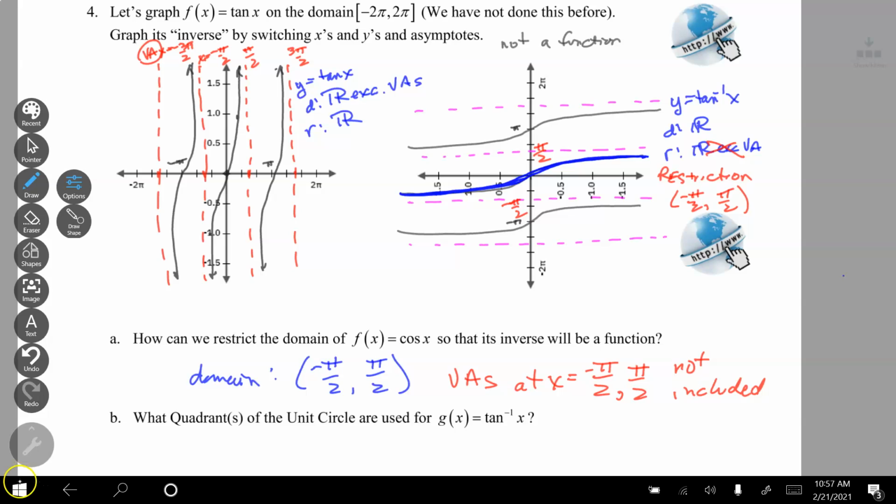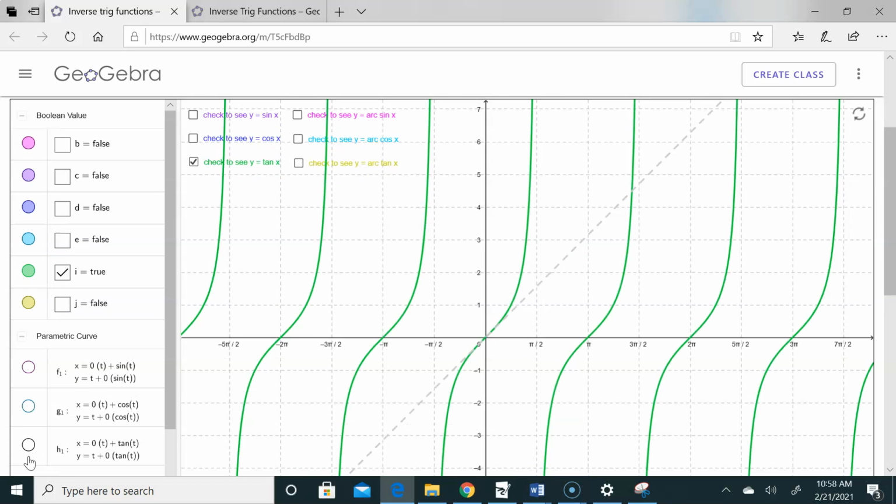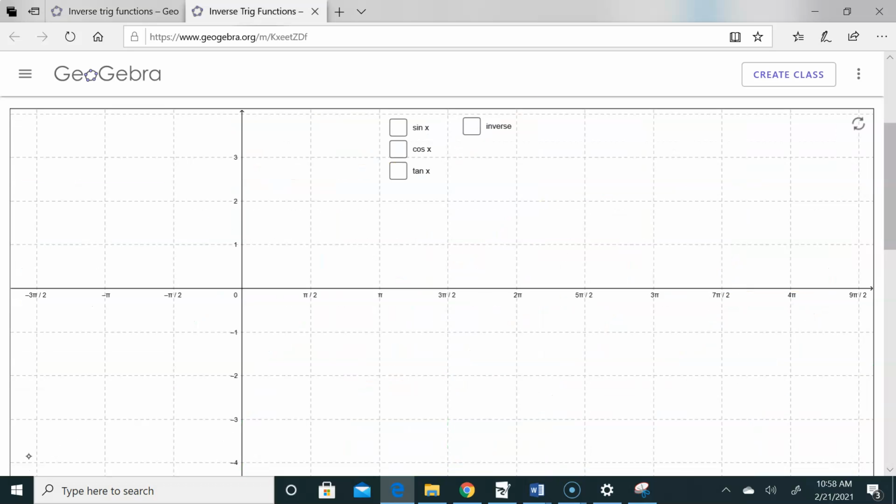So I'm going to hit those little globes again, and we're going to go through those graphs. Okay, this is the graph we just did, tangent. I'm going to make you graph it. The little squiggly x cube graphs look very weird, and here's what its arctangent, or inverse, would look like. Obviously, those yellow ones would not be functions. So what does it look like when we make it into a function?